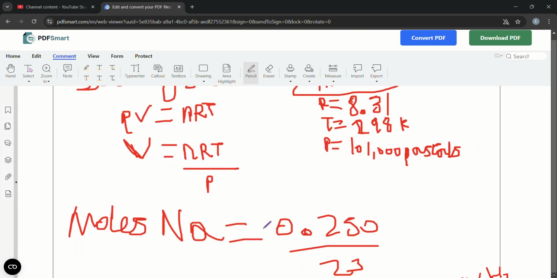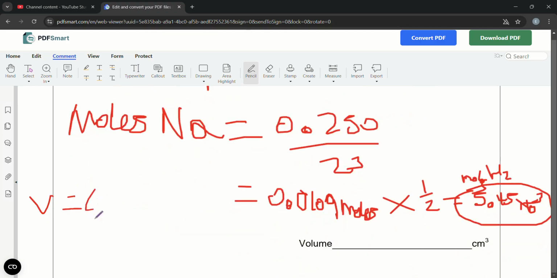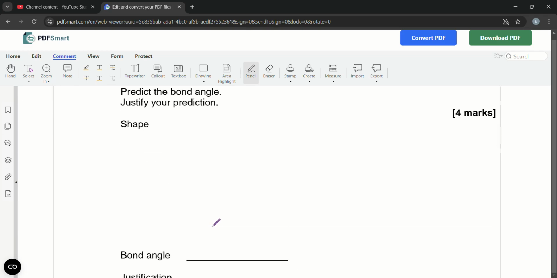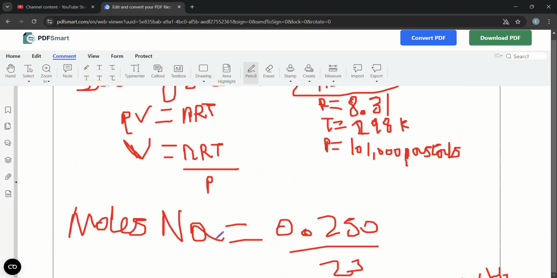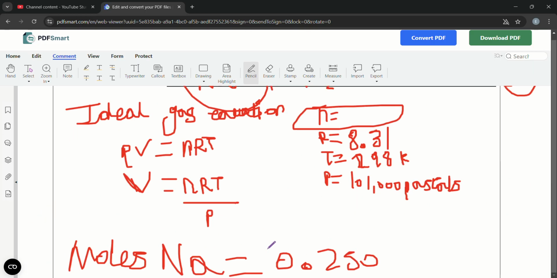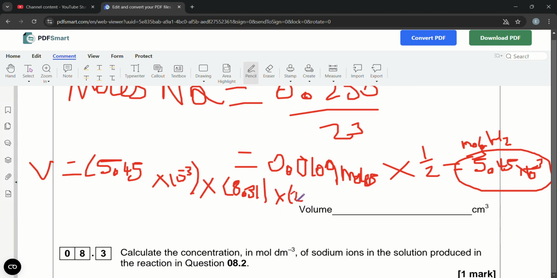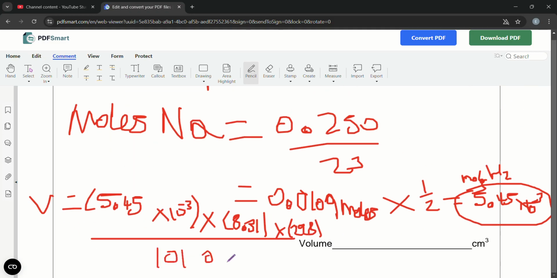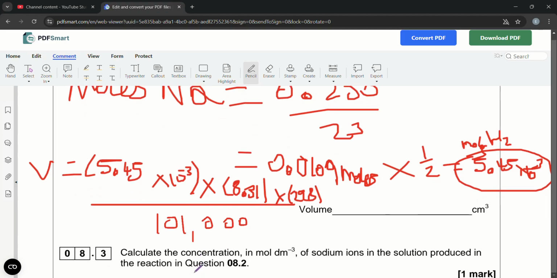Now we can substitute into the equation, so V is equal to 5.45 times 10 to the power minus 3 times R, 8.31, times T, temperature in Kelvin, 298, over pressure in pascals, 101,000.